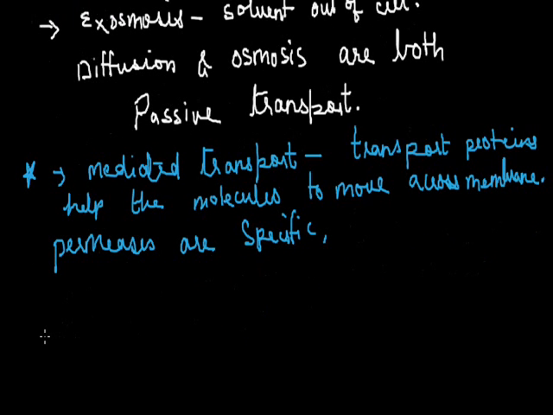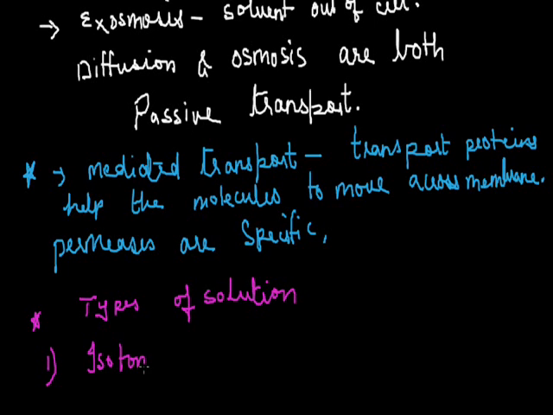When we are talking about the transport of molecules across the plasma membrane, it is necessary for us to discuss the types of solutions which are based on concentration. Depending on the concentration, a solution can be isotonic solution.